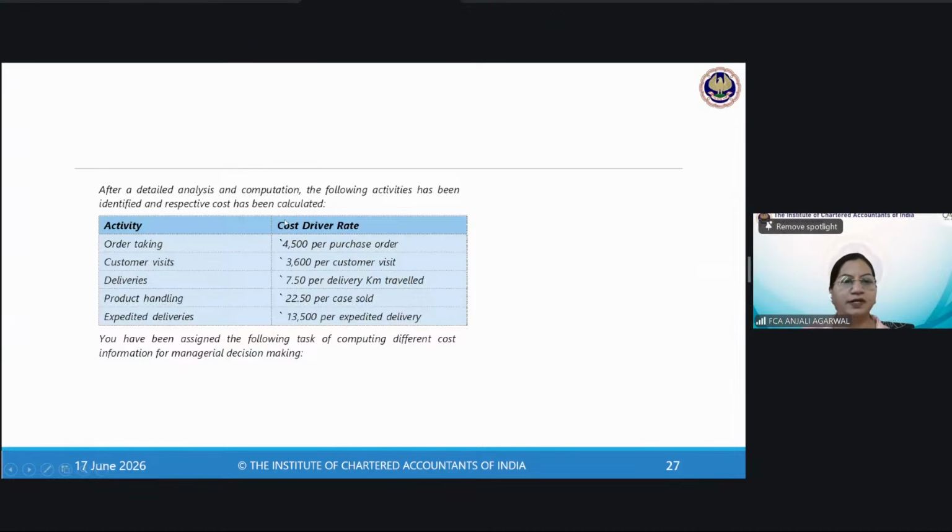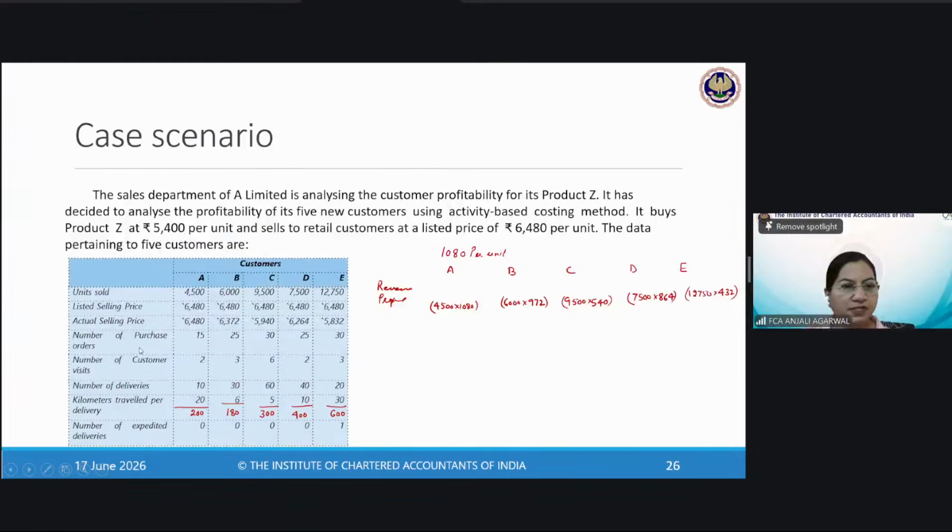And after a detailed analysis and computation, the following activities have been identified and cost has been calculated. Order taking cost, 4,500 per purchase order. How many purchase orders are there? Total: 15 plus 25, 40. 40 plus 30, 70, 95, and 125 orders.